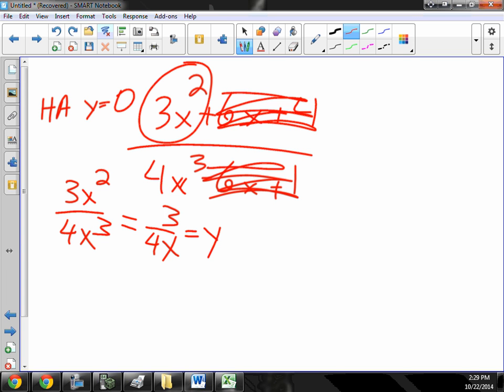So this graph here is really similar to this graph on the ends. In the middle, they're different, but on the ends, they're so close we can't tell the difference. And this graph on the ends can never equal 0 because there's an x in the denominator and not in the top. Okay?